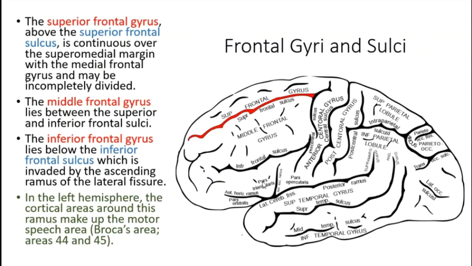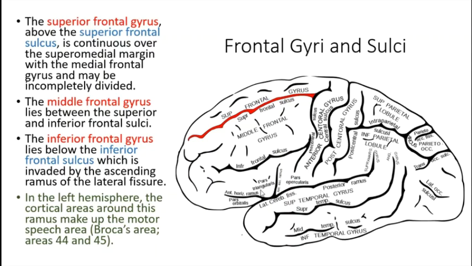Pars means part; orbitalis because it is above the orbital zone; triangularis because of the shape; opercularis. Operculum means curtain. It is a curtain for the insular lobe, which is hidden behind the two lips around the lateral sylvian fissure. So this is pars opercularis, and that is why it has this name.